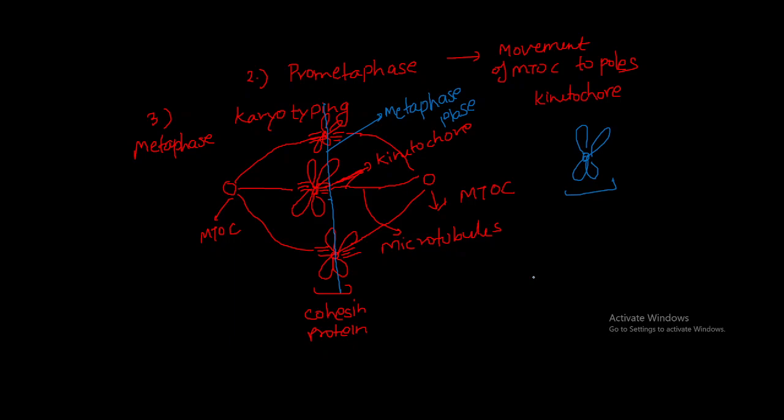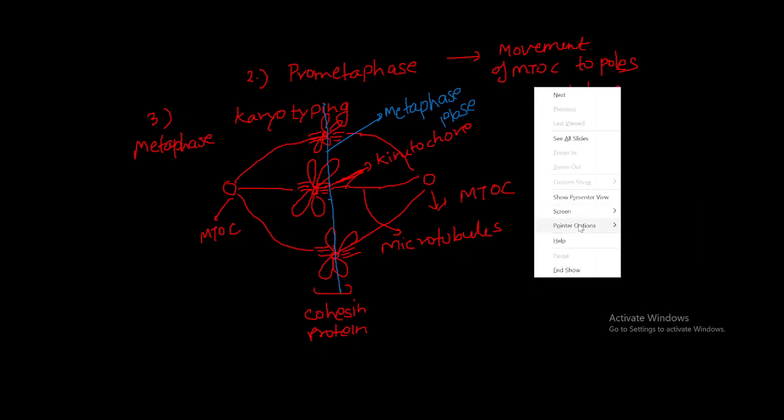Now coming to the third phase, anaphase. In anaphase, the chromosomes will now start moving away from each other with the help of certain motor proteins which will carry them.